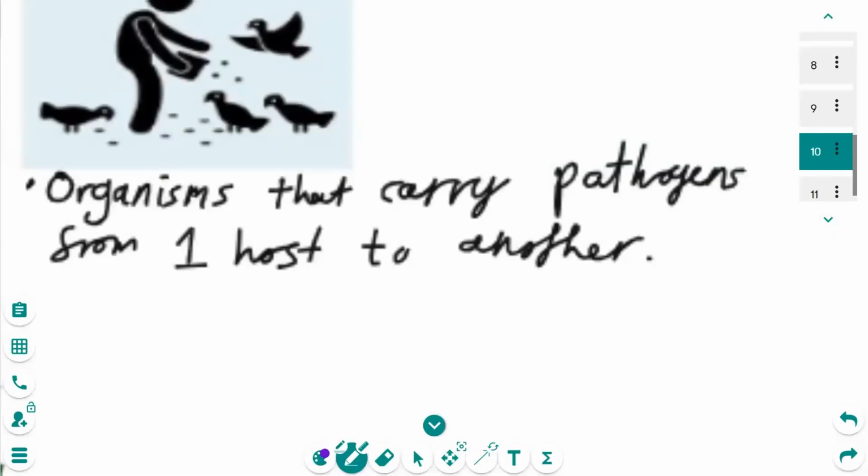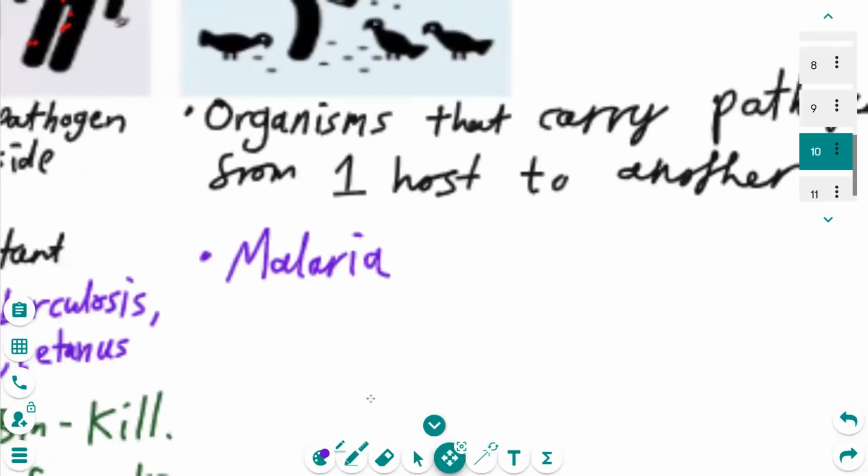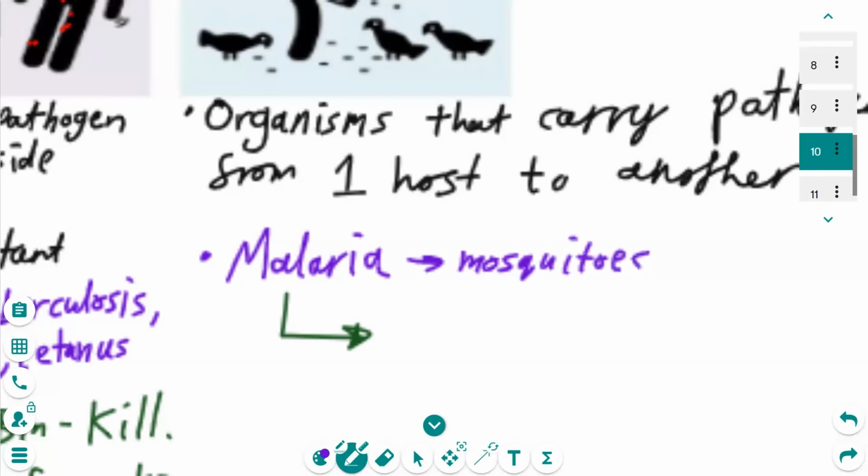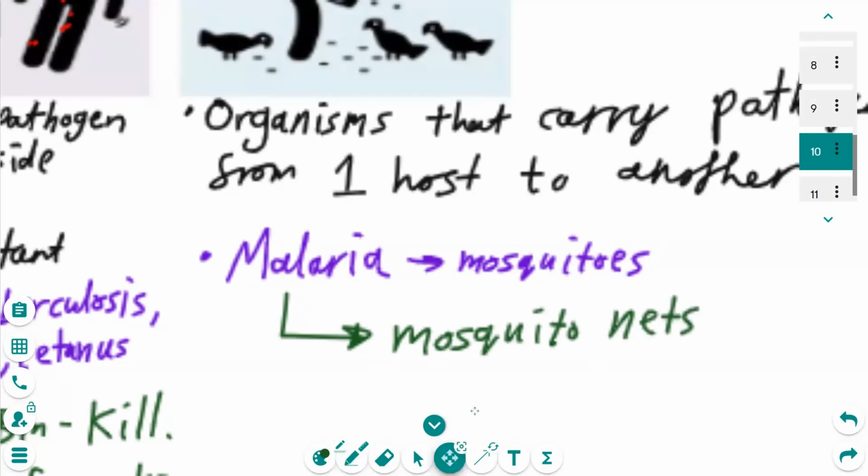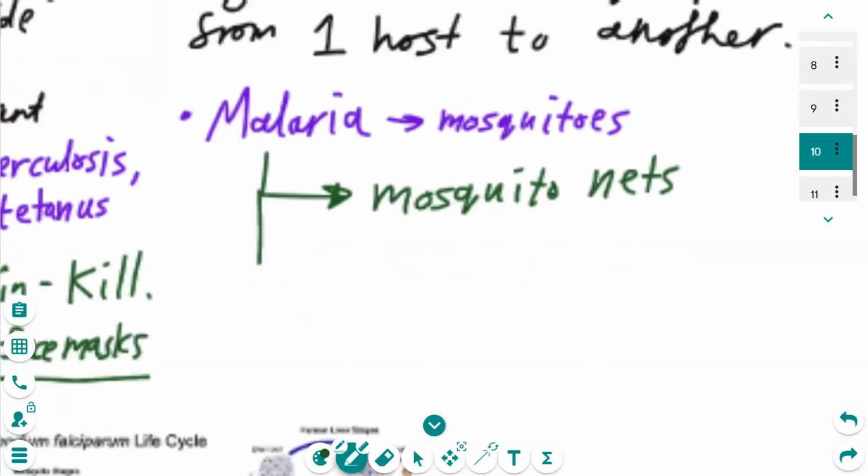And the best example of that is malaria. And prevention, I don't think there is a prevention. So for malaria specifically, the one is mosquitoes, I should have mentioned this. And the best prevention for malaria specifically is to use mosquito nets and to use a mosquito repellent.